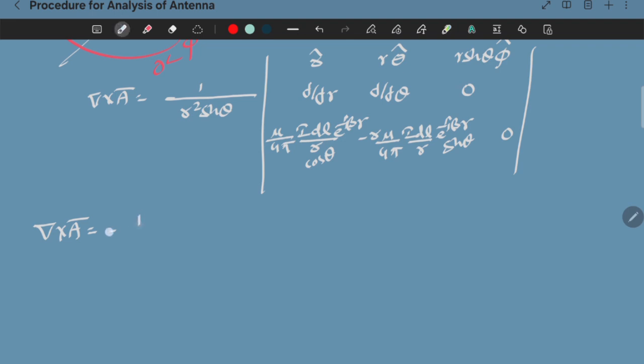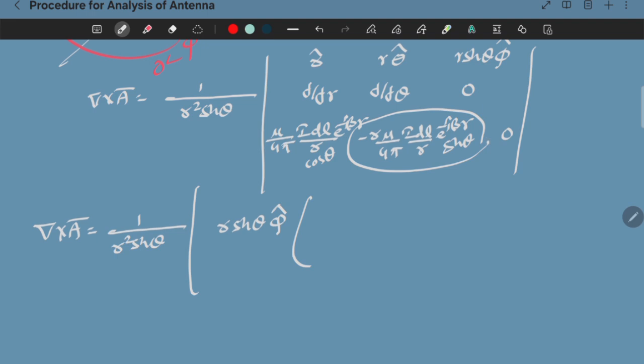So 1/(r² sinθ), only the phi component will be there, r sinθ φ cap. Then differentiation of this one with respect to r is to be done. So here this r and this r will be cancelled.